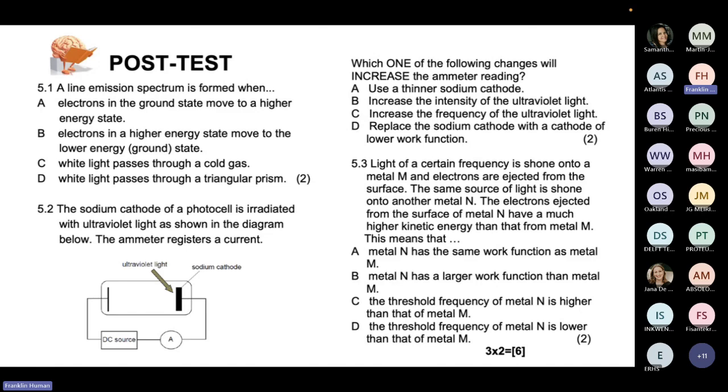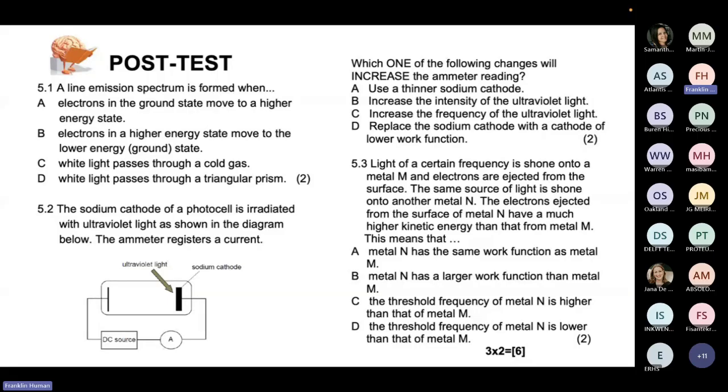I'm just going to say that one more time. If we change from metal M to metal N, and the electrons emitted by metal N have more kinetic energy, it means that metal N has a lower threshold frequency. And how do we know that?